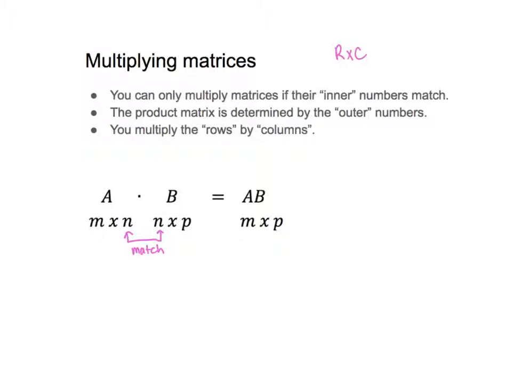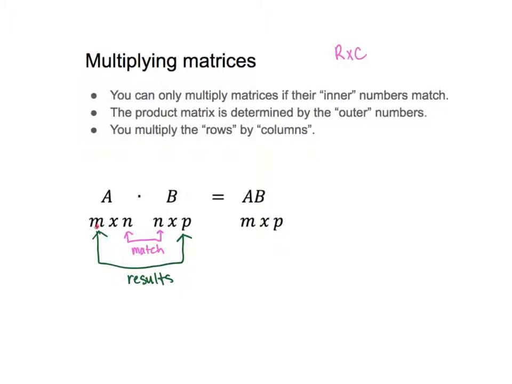And let's take a look at the outer matrix. The outer matrix in this case is going to be the M and the P. So inner, outer. The outer matrix actually tells you the size of the matrix after you multiply. So here's what I mean.